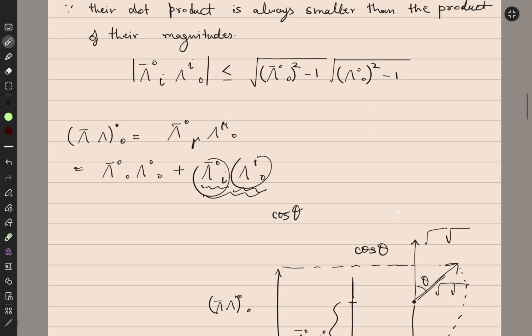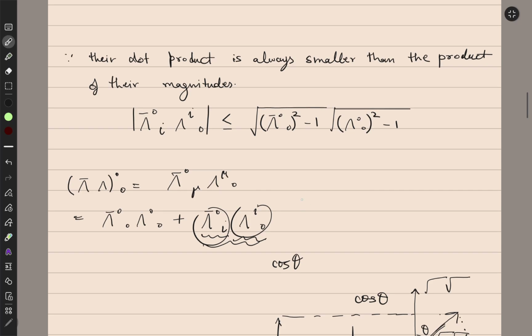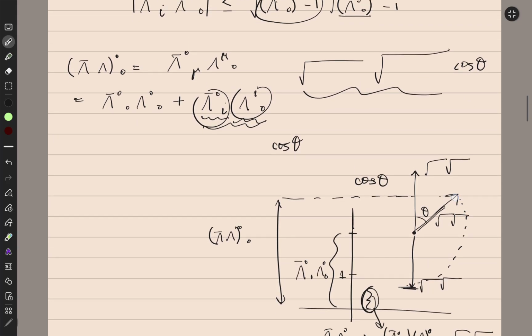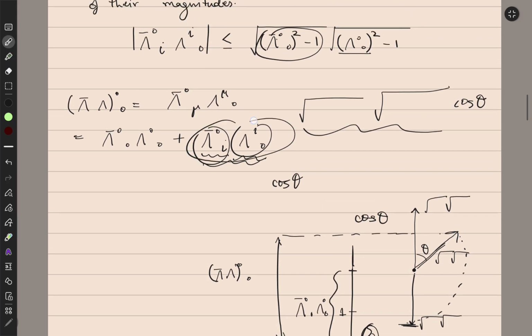So this whole thing is just the square root of this square minus 1 times the square root of unbarred lambda 0 0 square minus 1 times cosine of theta. And the point of this whole thing was that this can be at max equal to this product of two square roots. So we can call this a d or delta if we wish.